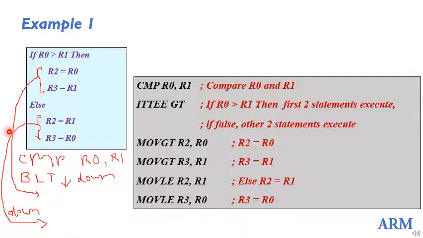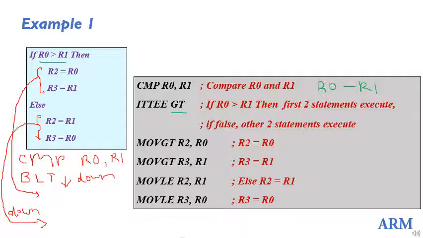The same thing can be written with an IT instruction. As usual, CMP R0, R1 remains the same, comparing R0 and R1, which is going to perform R0 minus R1. Now if R0 is greater than R1, then the greater than condition will be satisfied.